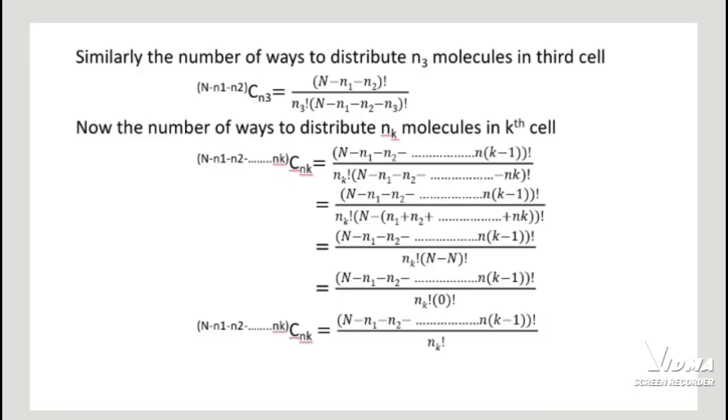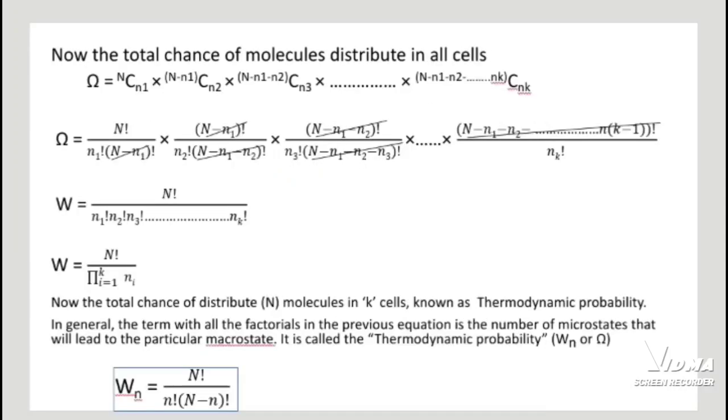Now the total chance of molecules distributing in all the cells, that is omega, is equal to N C N1 into (N minus N1) C N2 into (N minus N1 minus N2) C N3 and so on up to (N minus N1 minus N2 and so on up to N(k-1)) C Nk. That equation we can simplify. Finally, omega is equal to N factorial divided by N1 factorial into N2 factorial into N3 factorial and so on up to Nk factorial.